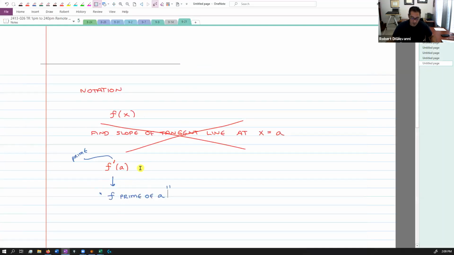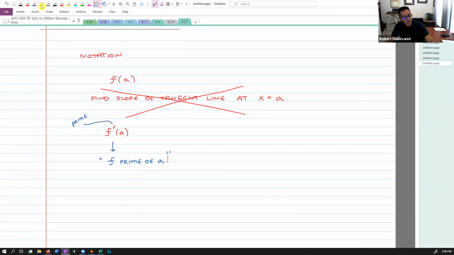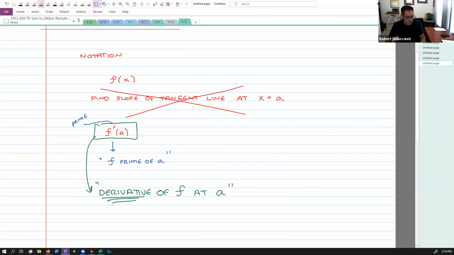Okay, now we have a name for it. This is the notation, but this is used so much that this is known as the derivative of f at a. It's the first time we're officially using this word derivative.